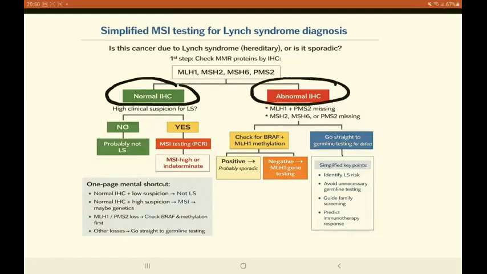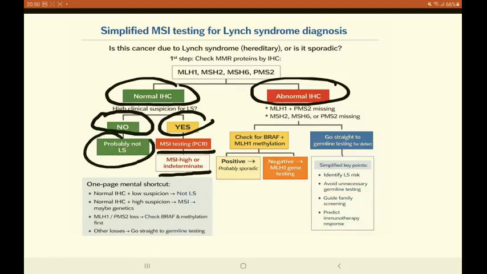If we see normal IHC, but we still have high clinical suspicion, then we go for MSI testing using PCR. And if it comes MSI high or MSI intermediate, then probably this is Lynch syndrome. If we see normal IHC and no clinical suspicion as well, then probably it's not Lynch syndrome.